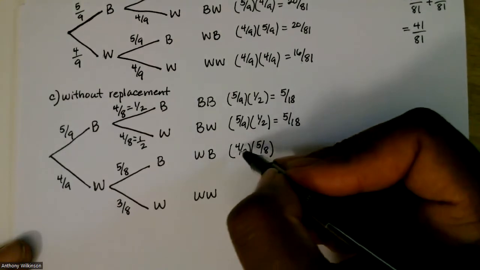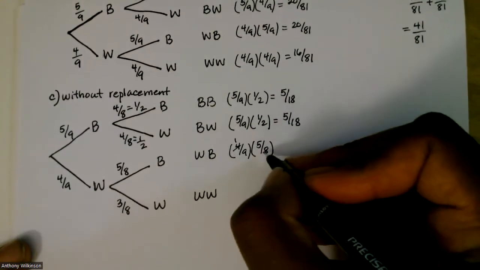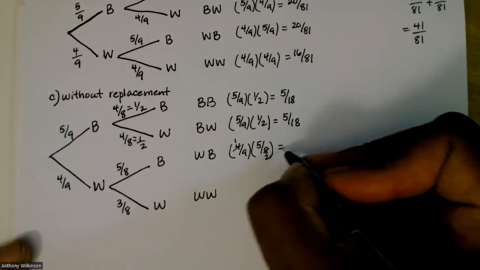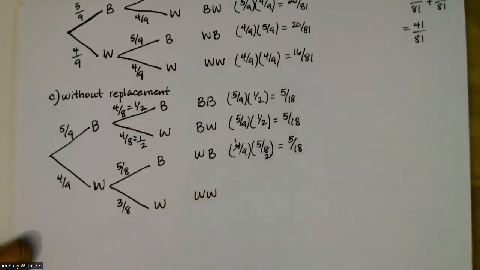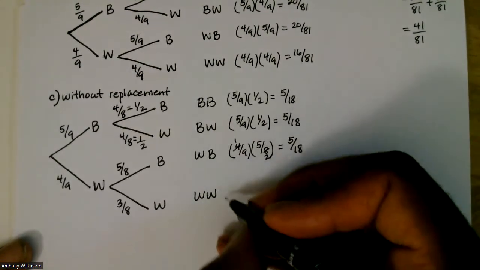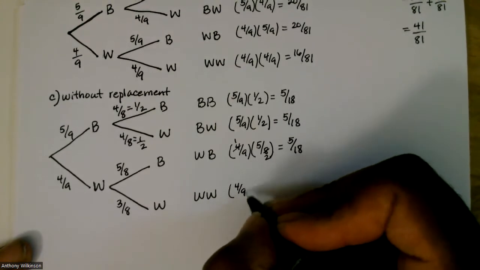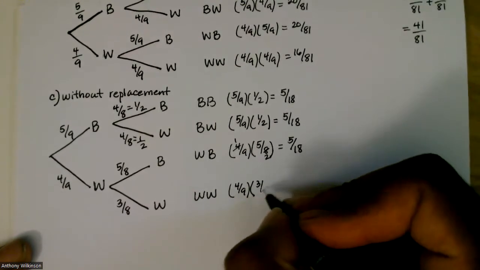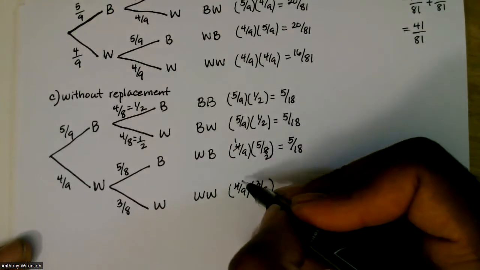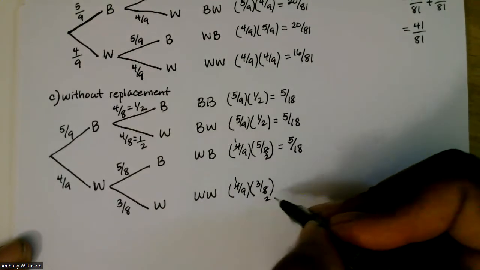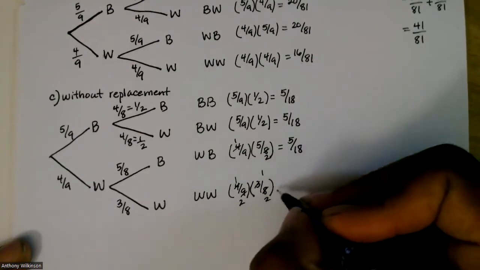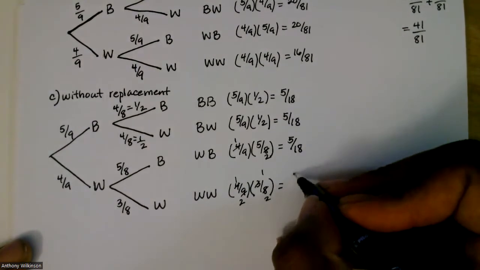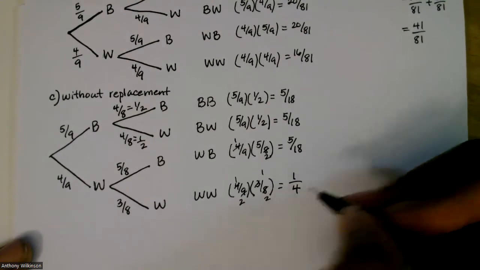Let's see here. 4 goes into itself 1 time, 4 goes into 8 2 times. So 1 times 5 will be 5 over 9 times 2, which is 18. And then a white and a white will be 4/9 times 3/8. I know 4 goes into itself 1 time, 4 goes into 8 2 times. 3 goes into itself 1 time, 3 goes into 9 2 times. So this will be 1/4.